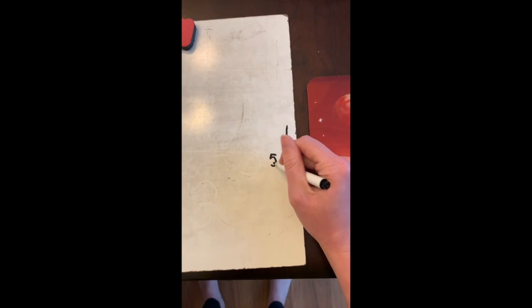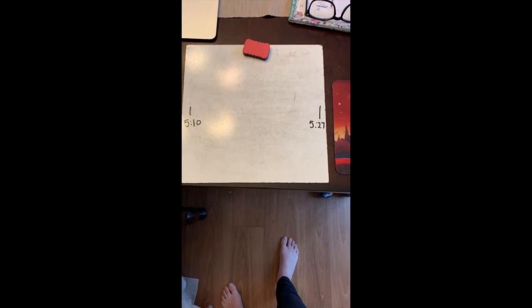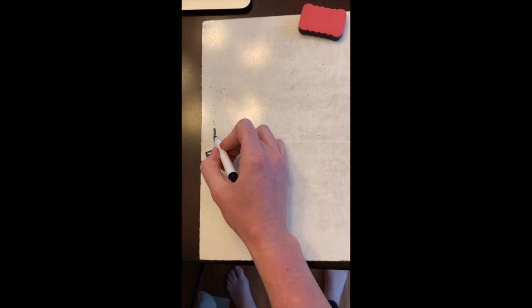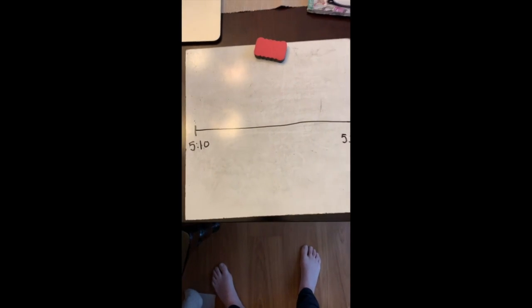We know that our end time is 5:27. Notice how I have a number line here that I'm going to connect by skip counting. So the first thing I'm going to do, draw my line, perfect.